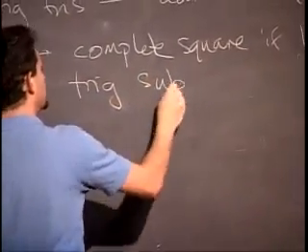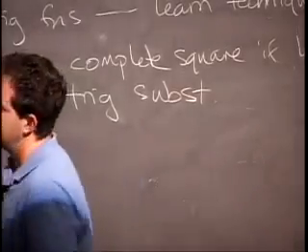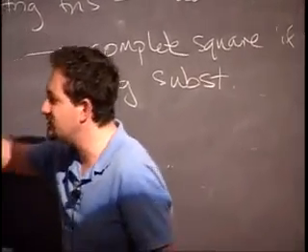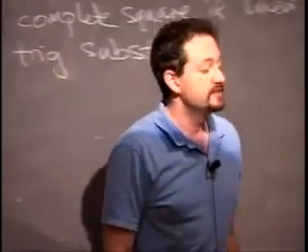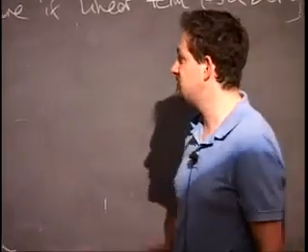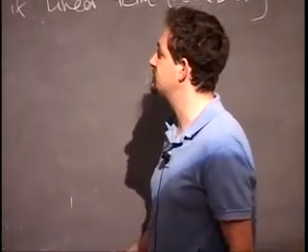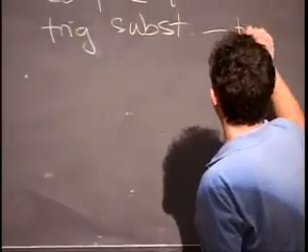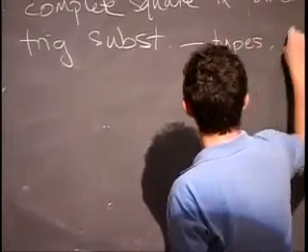And trig substitution is probably what you want. Again, you will have checked, following down this sort of vague checklist here, that there is no obvious substitution. Because if there is, you should do that instead of the trig substitution. And of course here you've got to know your types and your templates.